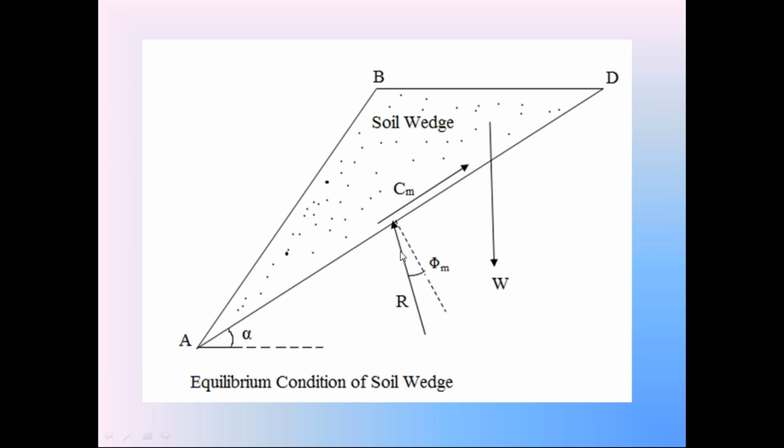So between the force R and force Cm, the total angle is 90 plus phi m. So the angle between Cm and W is 90 minus alpha, and between Cm and reaction R the total angle is 90 plus phi m.